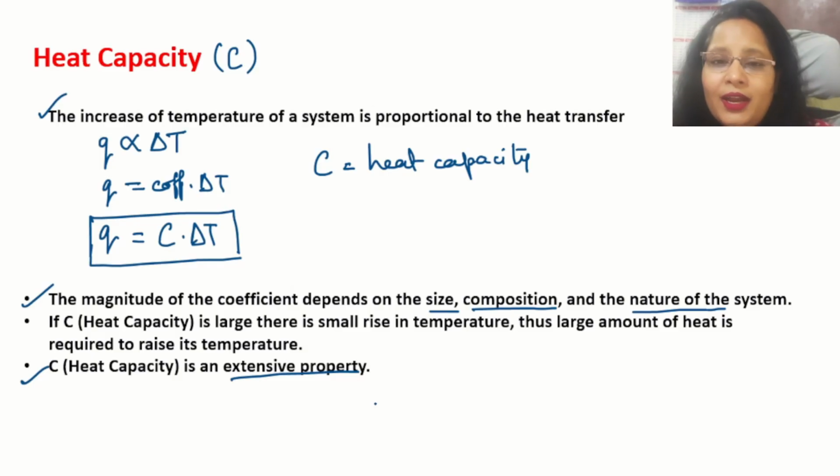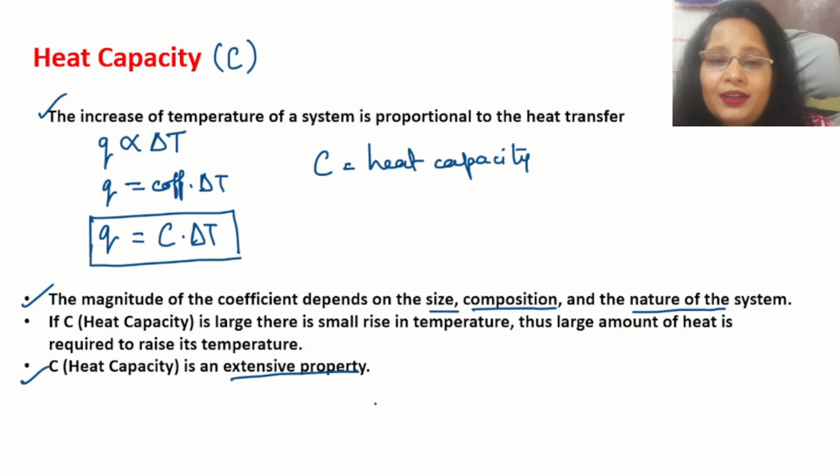Clear? On the other hand, sand has low heat capacity. It means with a small amount of heat given, the temperature change will be very big. Since heat capacity is the capacity to get heated up, the sand's capacity to heat up is low. It means a little amount of heat gives a big rise in temperature.